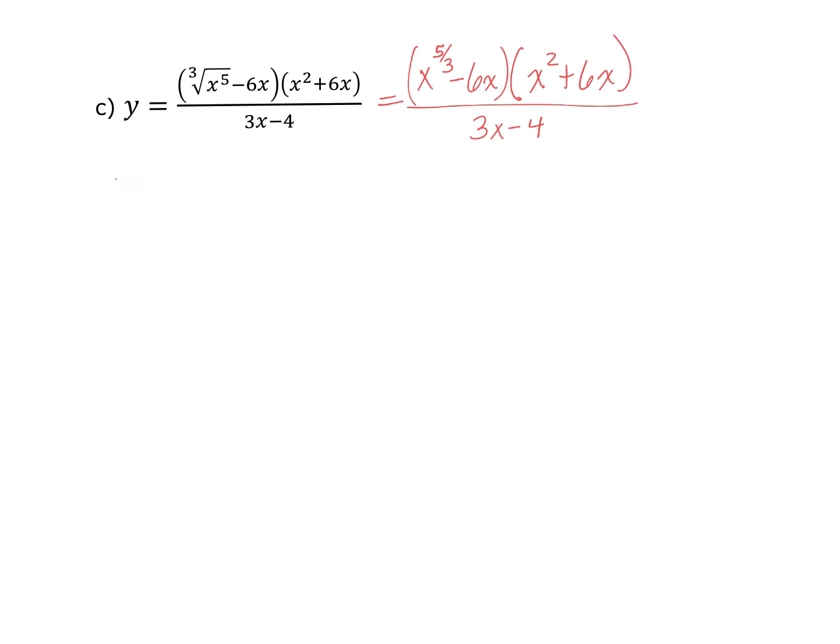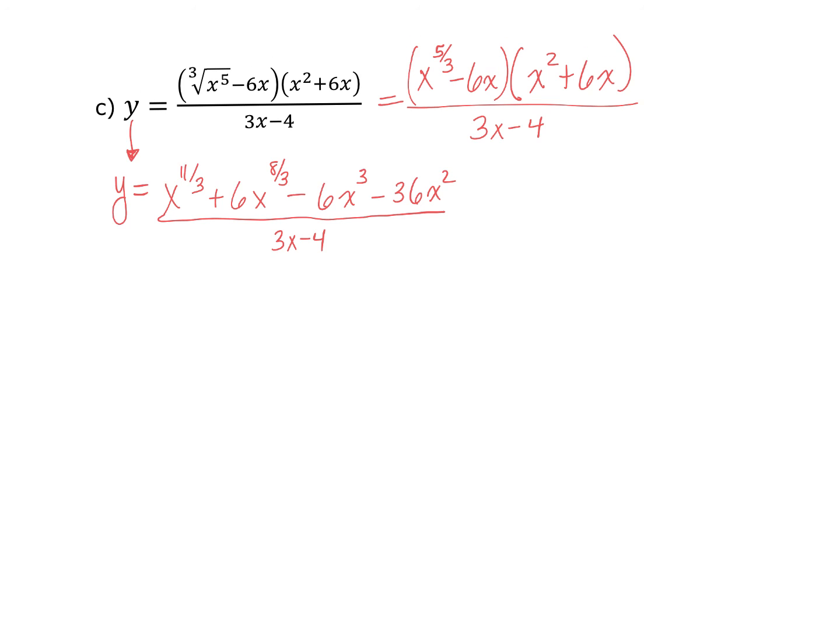So in this case, again, I have not taken the derivative yet, but I should get x to the 11/3 plus 6x to the 8/3 minus 6x cubed minus 36x squared all over 3x minus 4. So again, this is just the simplified form of y. We have not yet taken the derivative.